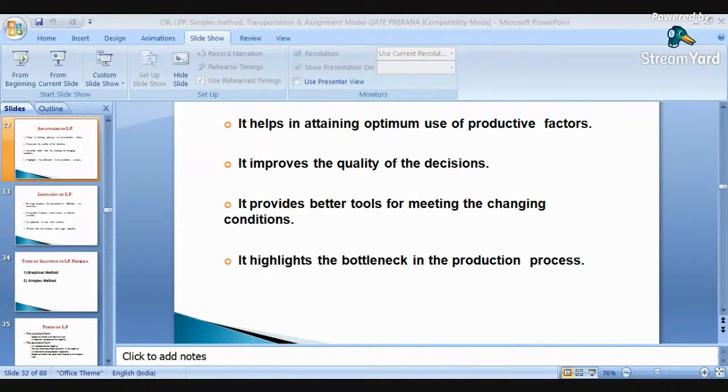Then in the next step x1 becomes a basic variable because x1 has replaced S2. So x1 has become a basic variable and S2 becomes a non-basic variable. It has left the matrix now. S2 is not available in the matrix.